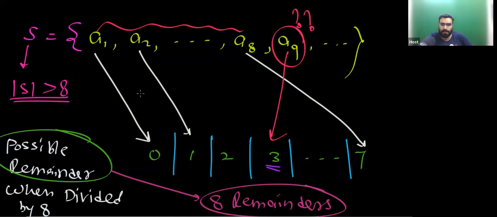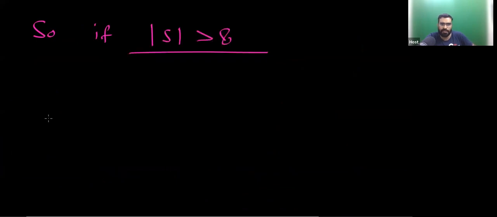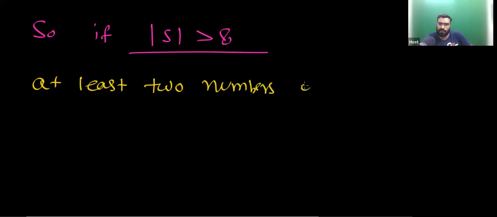So what can I say? I can simply say that at least 2 people will share the same remainder. Is this point clear? So if your set cardinality is more than 8, then at least 2 numbers will have the same remainder when you divide by 8.